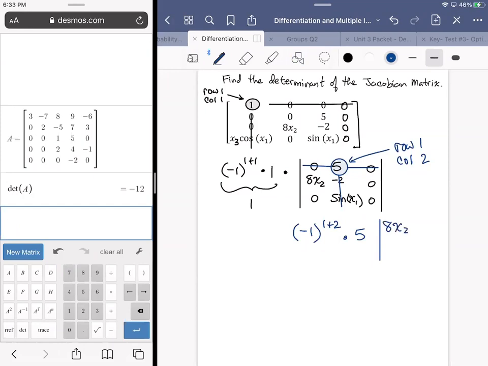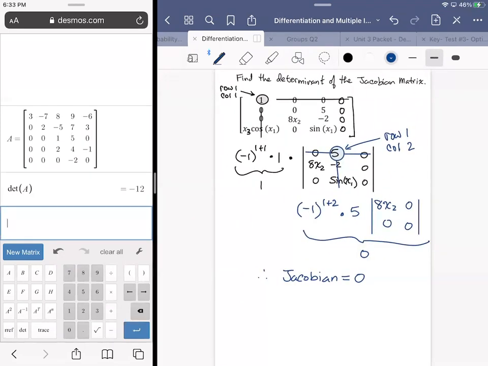So at a minimum, it's something. All right, so this whole thing zeroes out. And so therefore, the Jacobian is equal to 0.